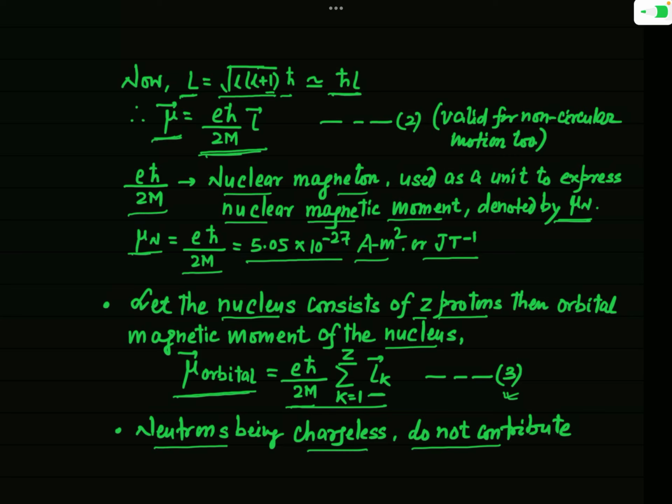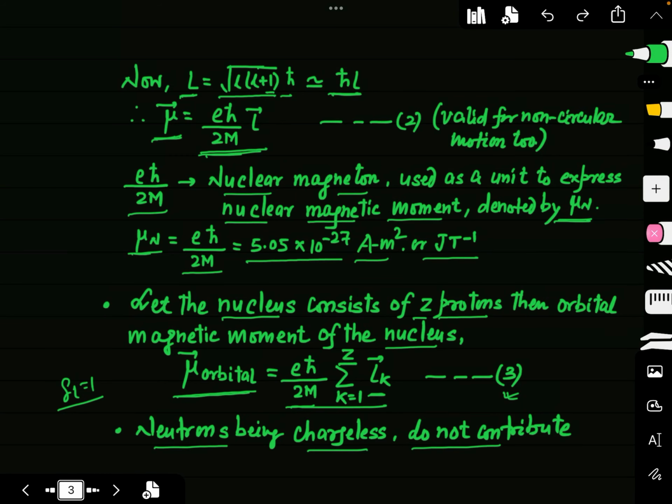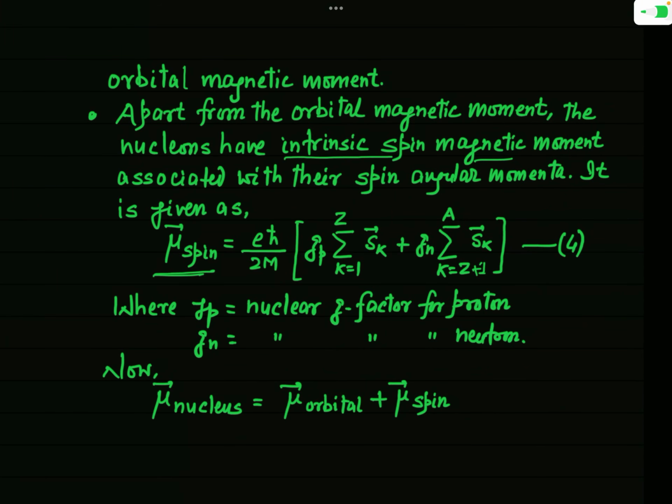But spin angular momentum is in both proton and neutron, so we have to write the term for proton and neutron too. As I have told you earlier, the nuclear g factor for orbital motion, that is gL, is equal to 1, so we have not written gL here. But in the case of spin angular momentum, the spin g factor is not equal to 1. So you have to write the factor, that is the g factor for the nuclear spin.